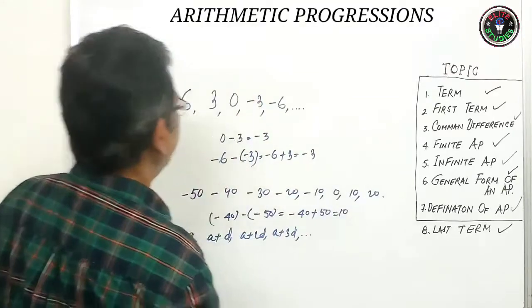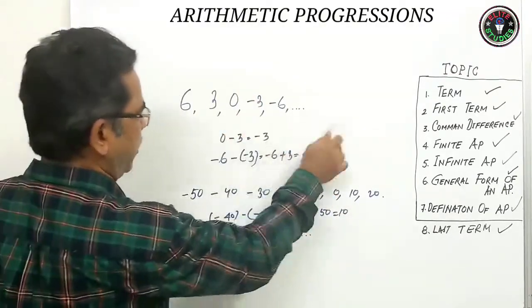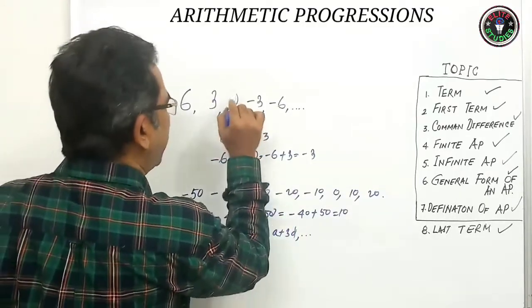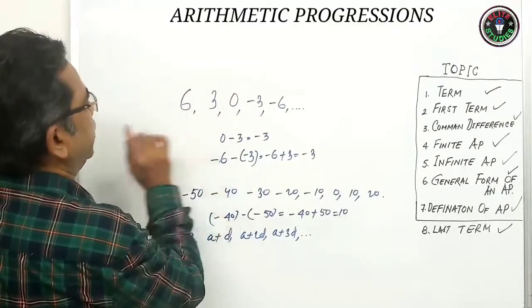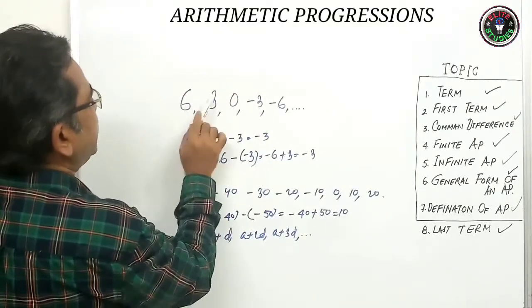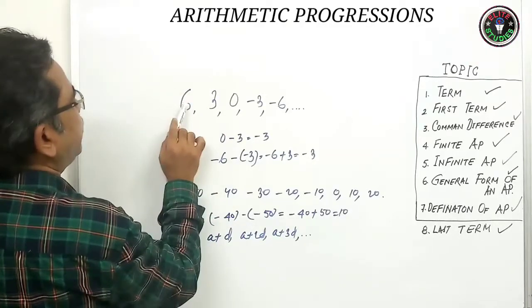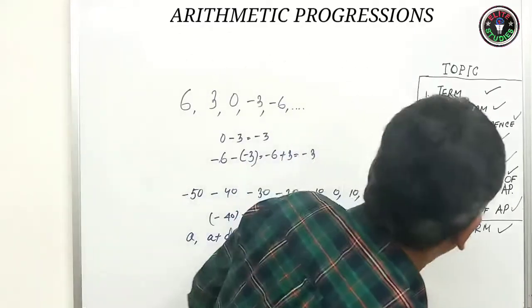An arithmetic progression is nothing but a list of numbers where each and every term is obtained by adding a fixed number to the preceding term, except the first one, because there is no preceding term for the first term. Clear, students?